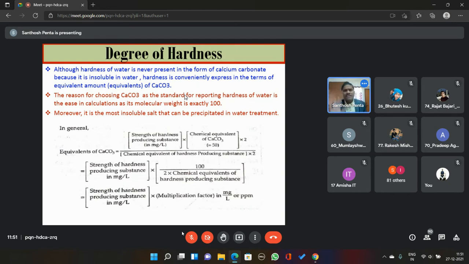Why did they choose calcium carbonate as the indicating factor? Why do we have to express hardness in that?